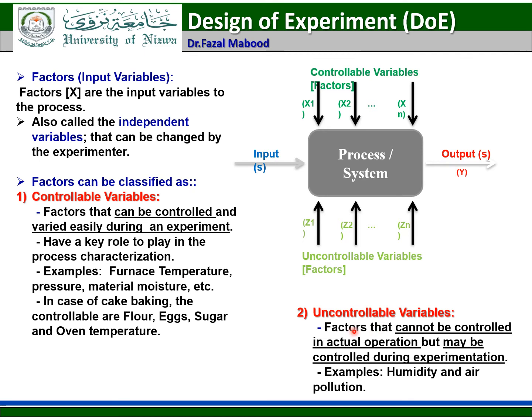Uncontrollable variables, factors that cannot be controlled in actual operation but may be controlled during experimentation. For example, humidity and air pollution. Here this is the system, this is the input variable or independent variable or factors, and this is the response or the output of the system, and control variables and uncontrolled variables.